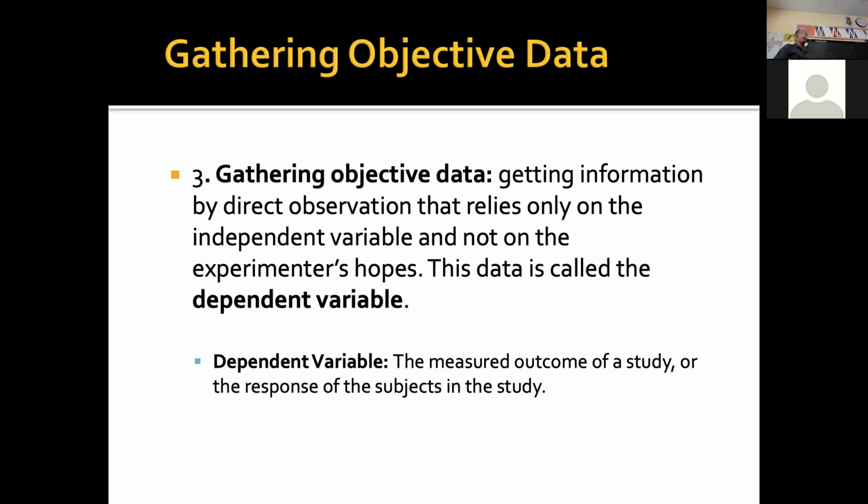What about for Funk's? Connor, what do you think for Funk's? What is the dependent variable for Funk's experiment with Clever Hans? What's the measured outcome for that experiment? Okay, all right. But how does Clever Hans answer the questions?